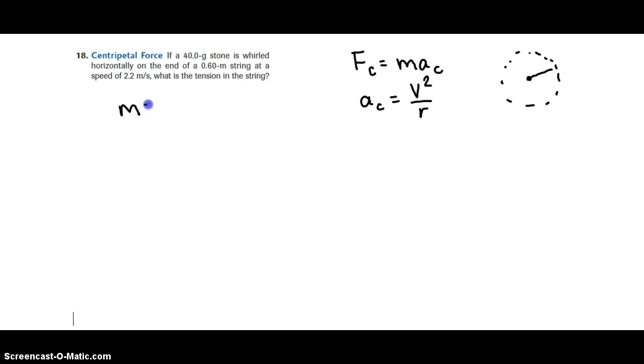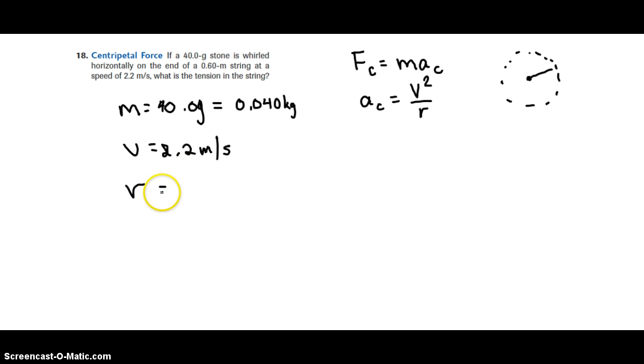So my mass, I'm immediately going to convert into kilograms. 40 grams is going to equal 0.040 kilograms. The velocity is 2.2 meters per second, and the radius of the circle that the stone is being whirled in is going to be 0.60 meters. So simply, let's make centripetal force equal to m times a_c, which is v squared over r.